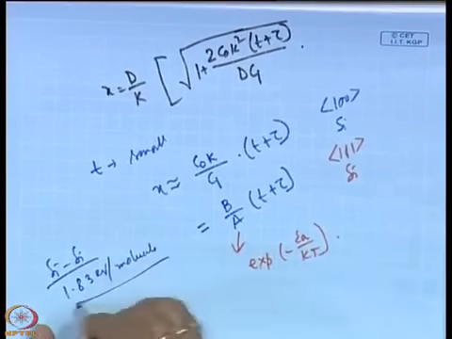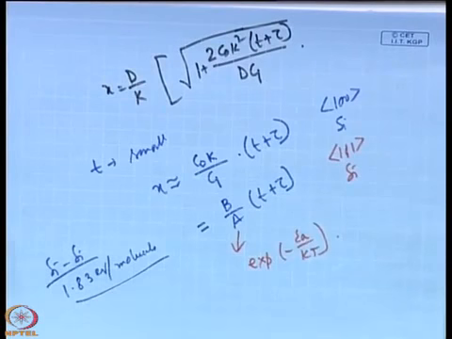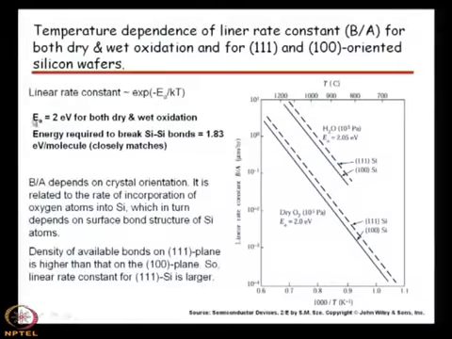So we can say that this closely matches the value of the activation energy in both dry and wet oxidation, which is 2 electron volt.